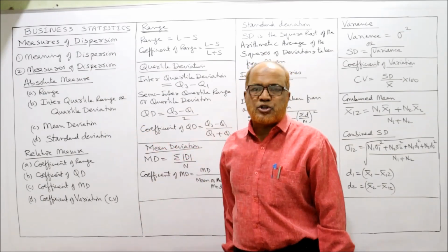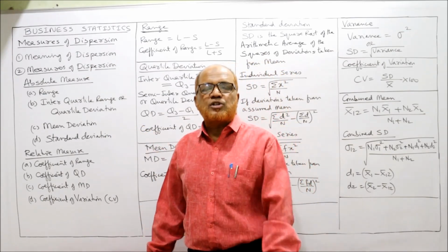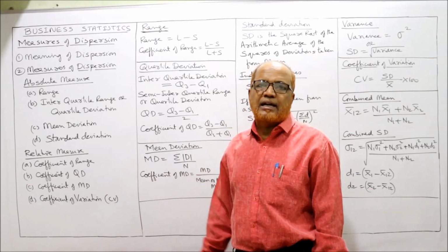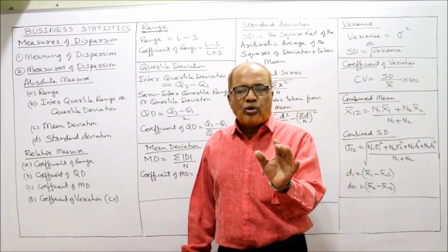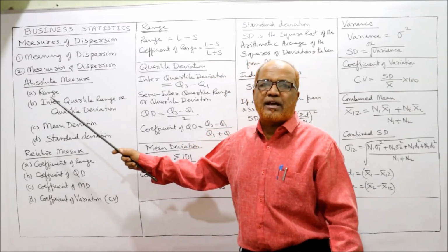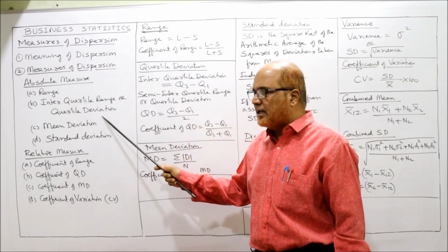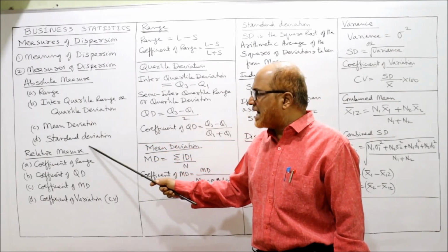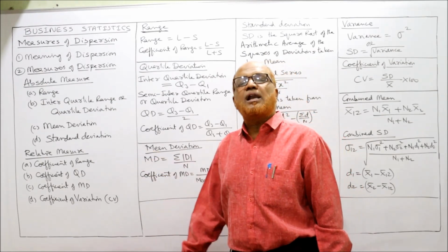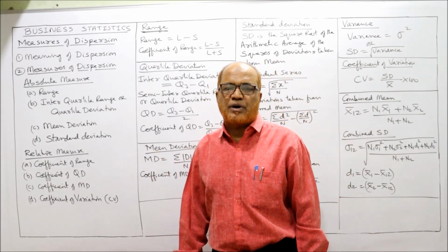Now, measures of dispersion. Broadly we divide the measures of dispersion into absolute measures and relative measures. In absolute measures, the dispersion is calculated in terms of range, interquartile range or quartile deviation, mean deviation, and standard deviation. These are the absolute measures of dispersion.